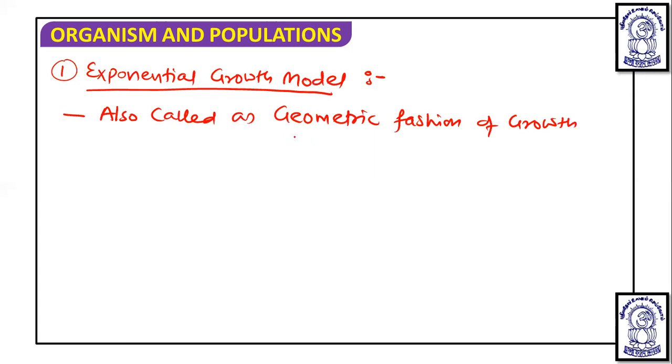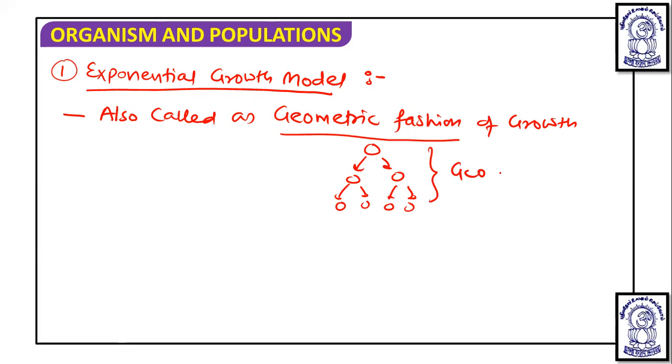Geometric growth means if one cell gives two cells, and these two cells have the ability to form again two cells each, then this type of growth is known as geometric growth. So in this geometric or exponential growth model, the population is continuously increasing.